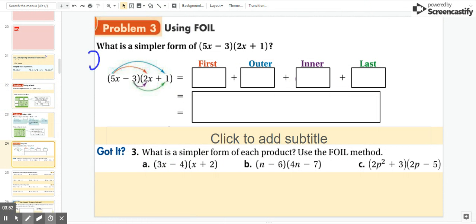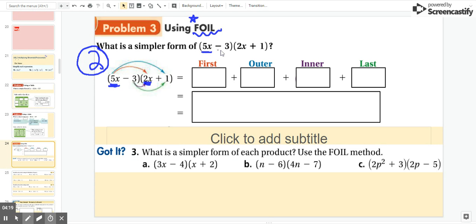And this is strategy 2. I'm going to introduce another strategy. It's called the FOIL method. The FOIL method is really, really famous when you multiply binomials. F stands for first, O stands for outer or outside, I means inner or inside, and L for last. So you see the first term of each binomial.